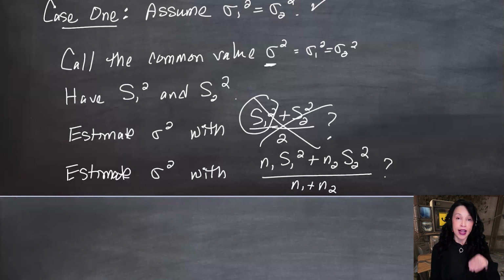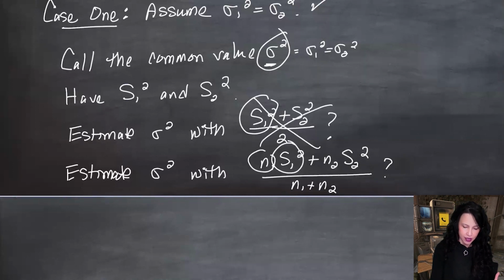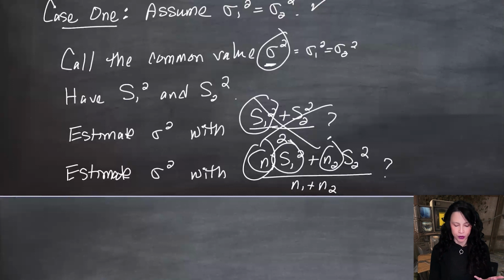This is a much better idea for that reason: if n1 is large, then this sample variance is a much better estimator for the thing we want, and we should give it more weight in our estimator for sigma squared. If this is large and this is relatively small, then this expression is going to give more weight to S1 squared. That's a good idea in terms of weighting them, but again, it's not something we can easily work with in our 4 steps for a confidence interval.